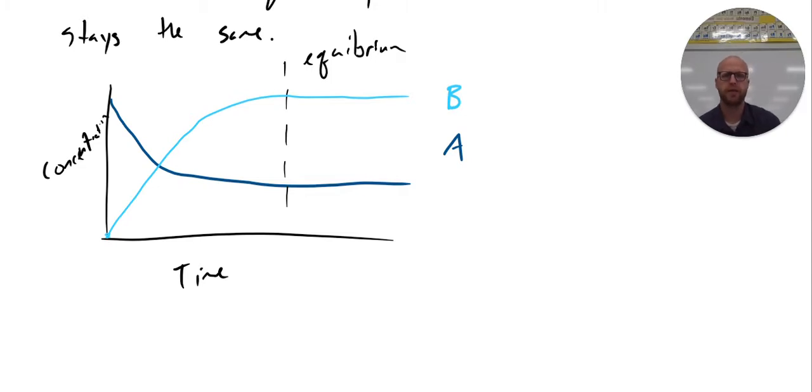Before here, where you're still having a change in concentrations, that means the rate of products to reactants hasn't equaled out yet. But as soon as you get constant concentrations, that's when the rates have equaled out, and now we're at equilibrium.